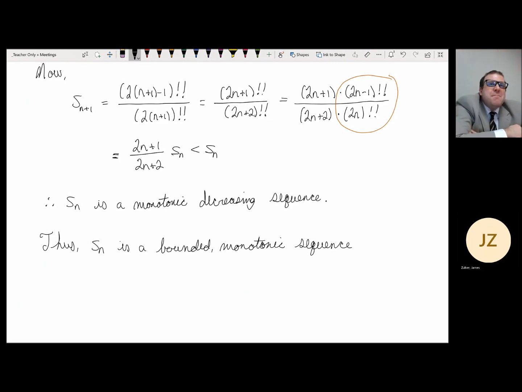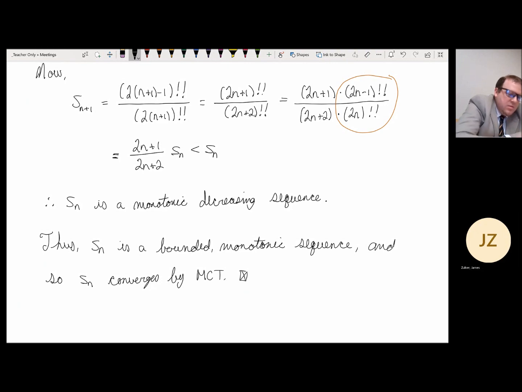This means that S sub n is a bounded monotonic sequence. So by the monotone convergence theorem, it converges. What does it converge to?